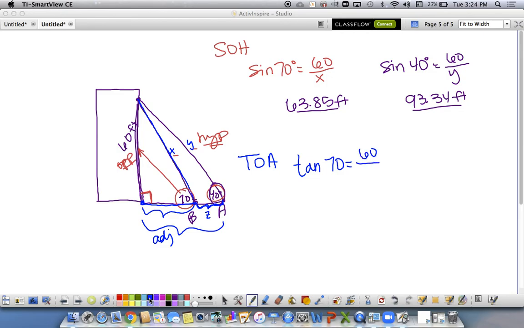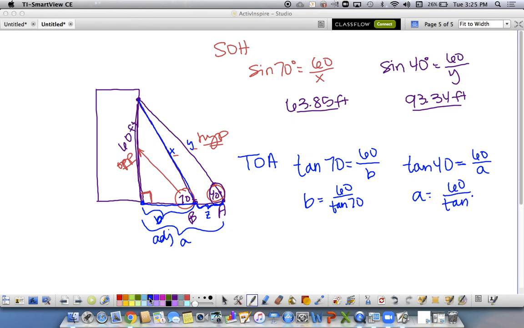I don't have a letter for it, so we're just going to call it B. Switching that, we would say B equals 60 divided by tangent 70. If we wanted to find the other one, I'm going to call it A. I would say tangent of 40 equals opposite over adjacent. A would equal 60 divided by tangent 40.